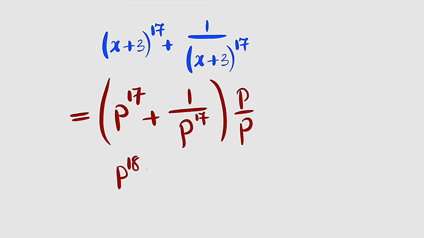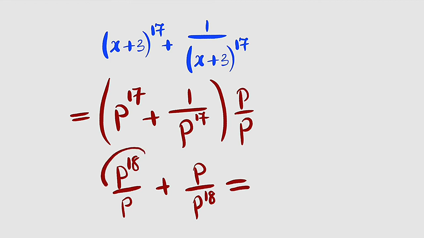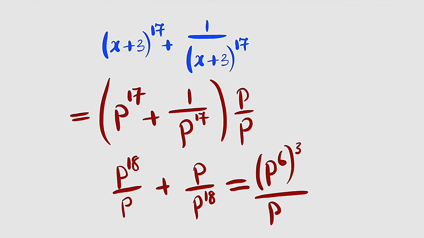P to the power of 18 divided by P, plus P divided by P to the power of 18, which is equal to, we know that P to the power of 18 is the same thing as P to the power of 6 to the power of 3, right? So this is P to the power of 6 all raised to the power of 3, because 3 times 6 is 18. We divide this by P. We add it to what? P divided by P to the power of 6 all to the power of 3.